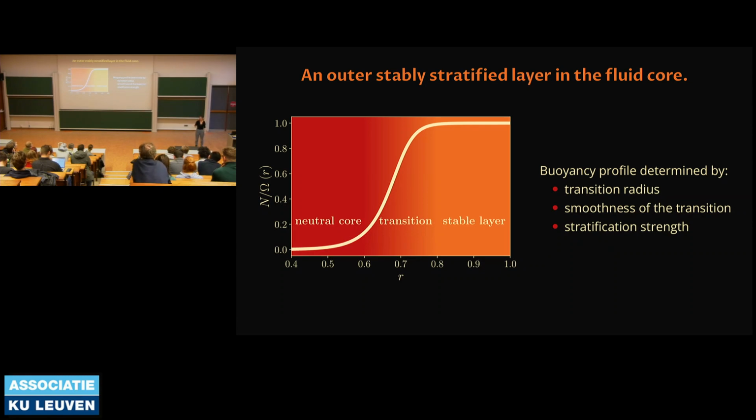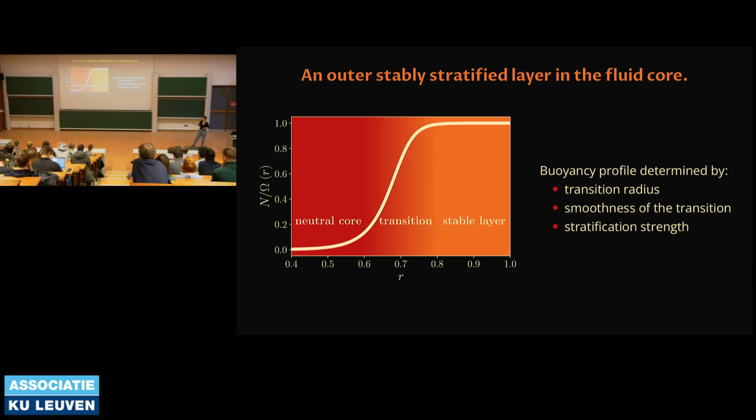And then the Brunt-Väisälä frequency, or the buoyancy frequency, at the inner core will be 0, which approximates a neutral core where convection might be possible. And then it slowly transfers to some value of the buoyancy frequency at the outer core. And I can control this profile by 3 parameters. I can specify where I want the transition to be.